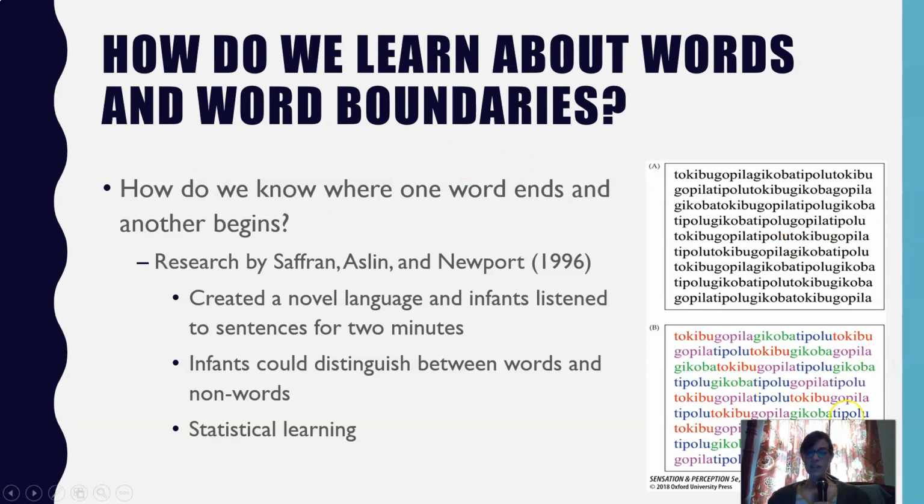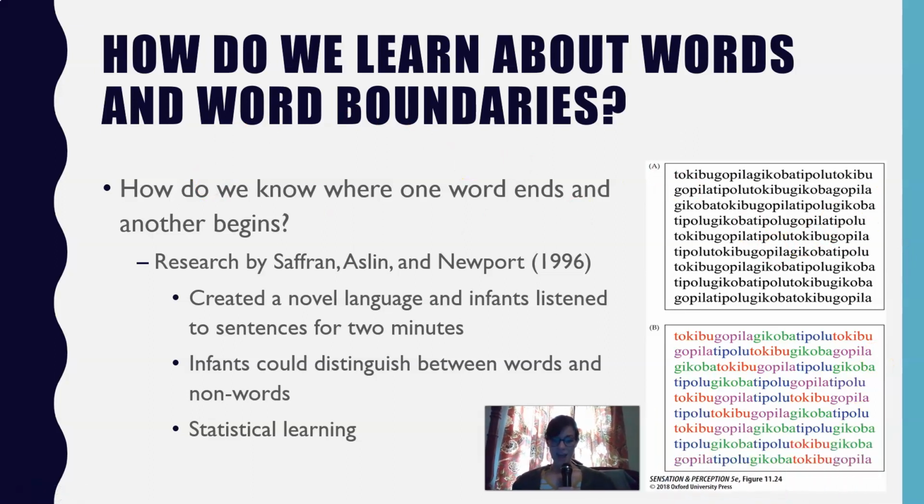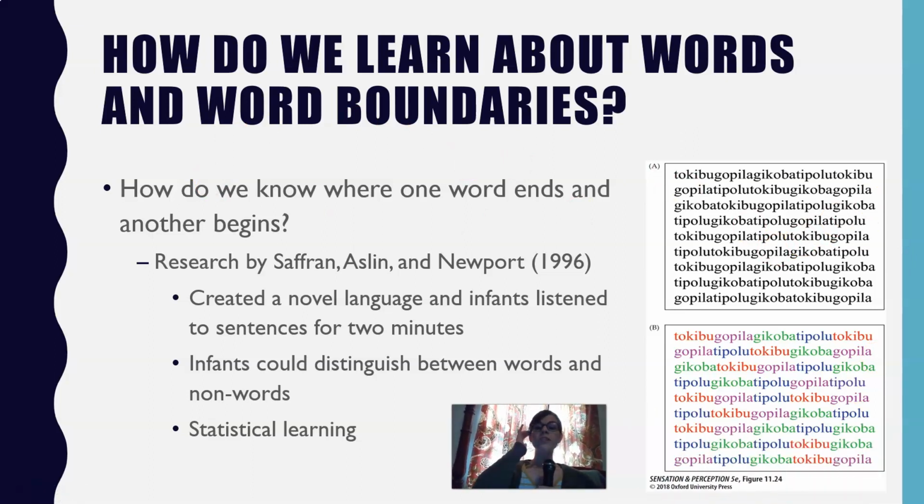One of the other critical things that we have to learn when we're segmenting a speech signal that's long and continuous is learning about words and word boundaries. This is really hard to test with adults because adults have such knowledge of their own native language that it's hard to present them with something that they don't already know.